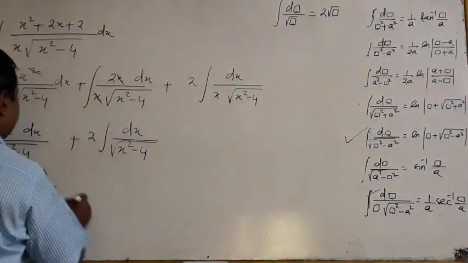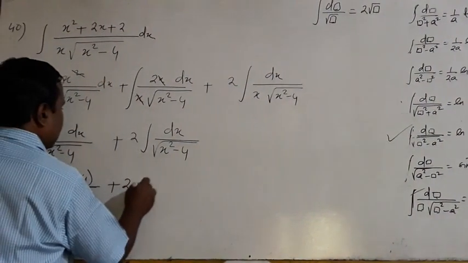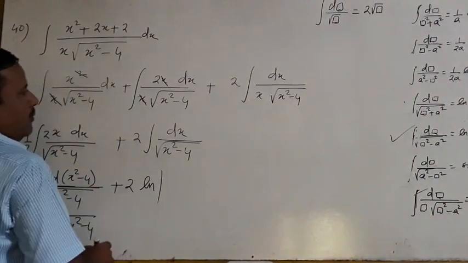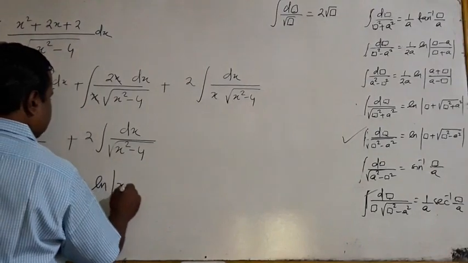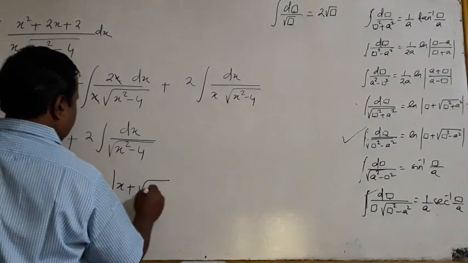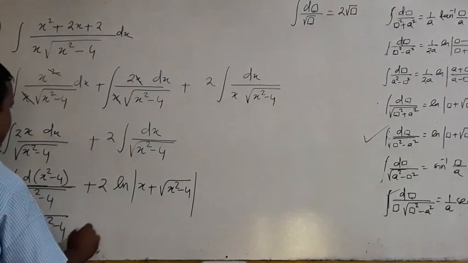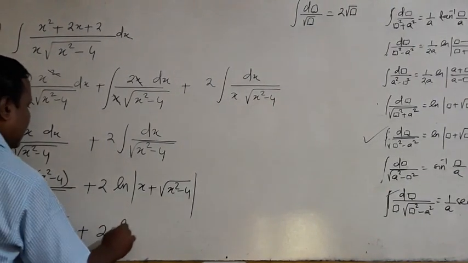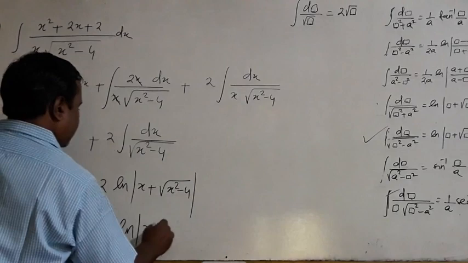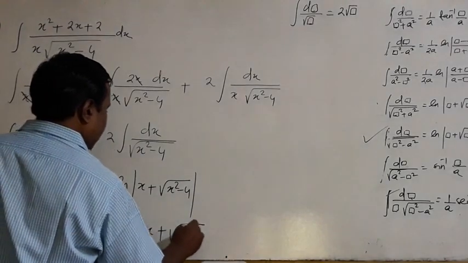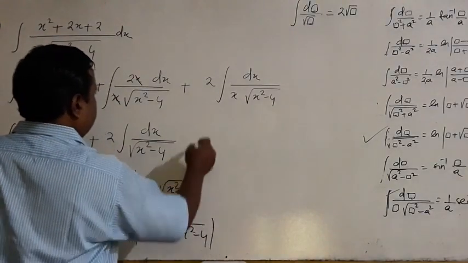It is 2 ln of x plus root of x² minus 4. Okay, I am just writing it again: 2 ln of x plus root of x² minus 4, plus.